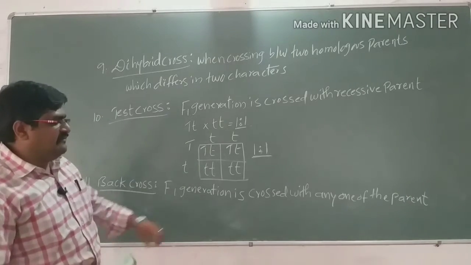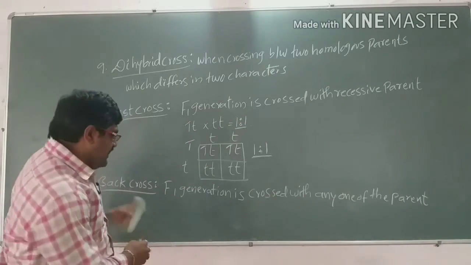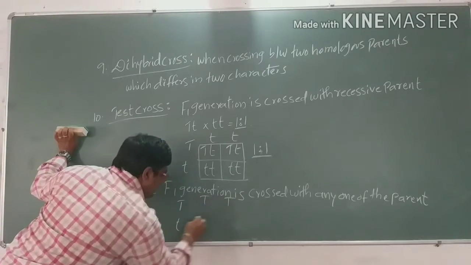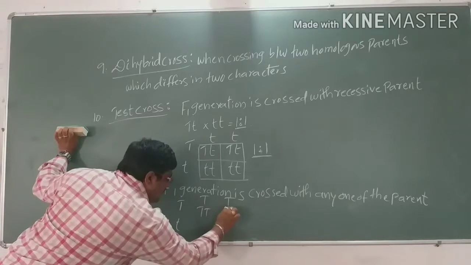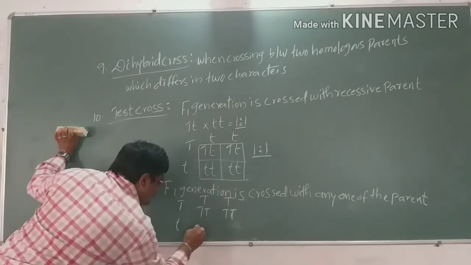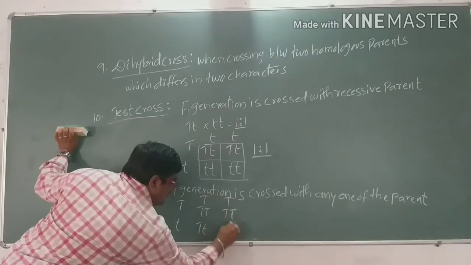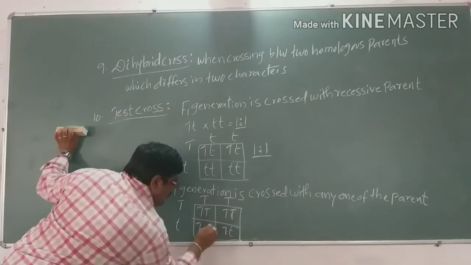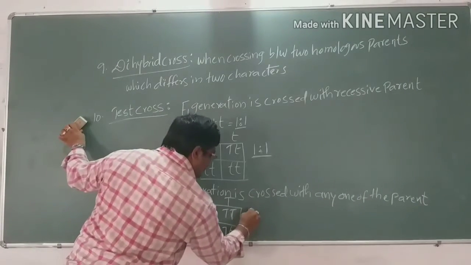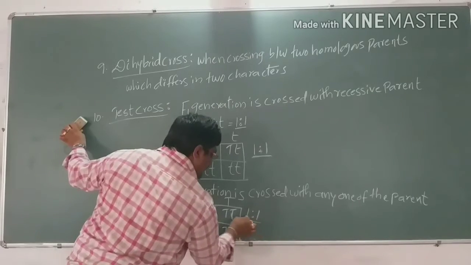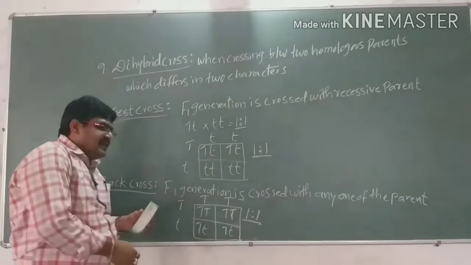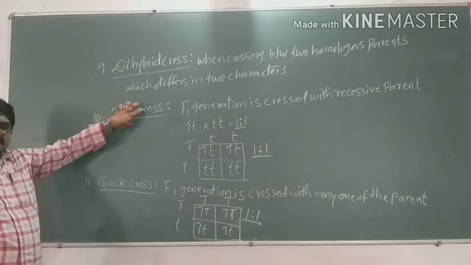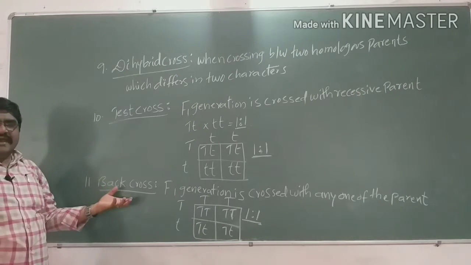When it is the recessive parent, we get a 1:1 ratio. F1, capital T, small t, crossed with capital T, gives capital T, capital T and capital T, small t. So here also we get a purely dominant character and a heterozygous one in a 1:1 ratio, whether it is a monohybrid test cross, dihybrid test cross, monohybrid back cross or dihybrid back cross.